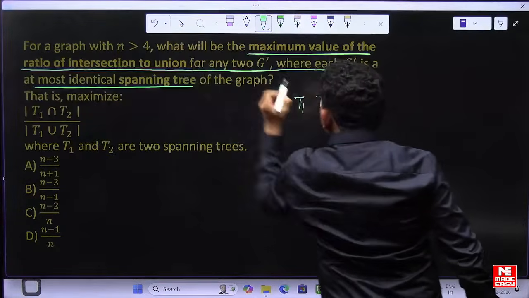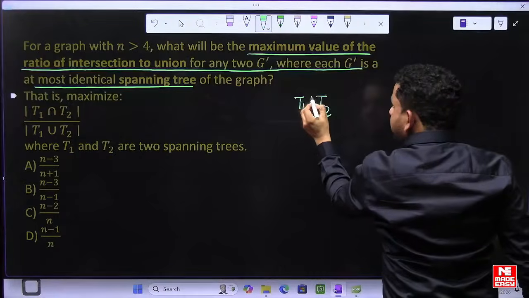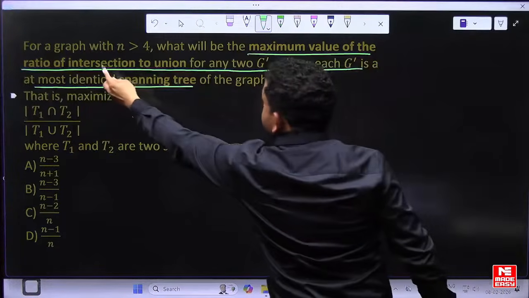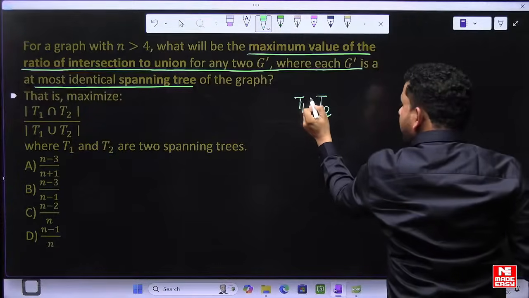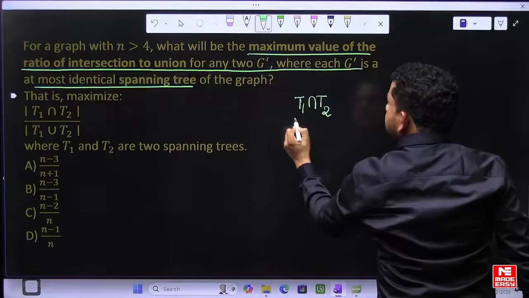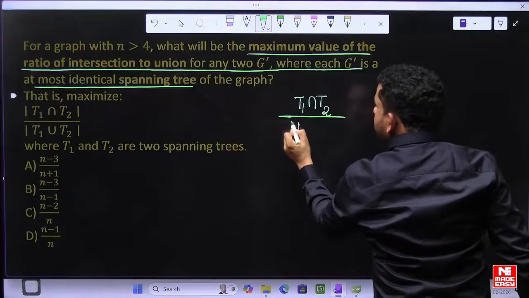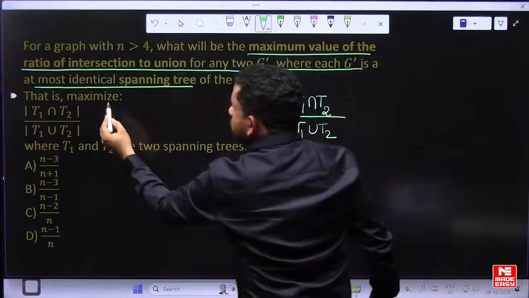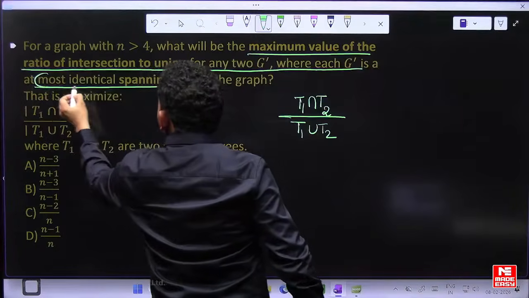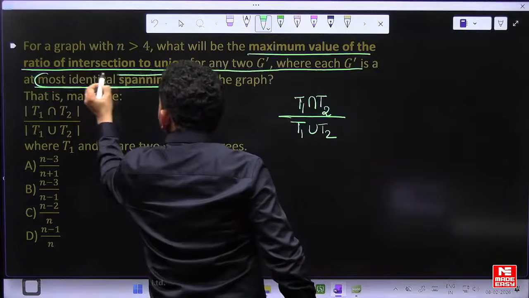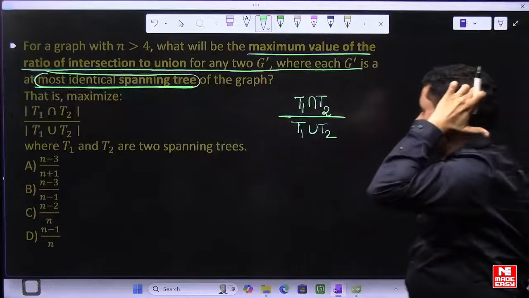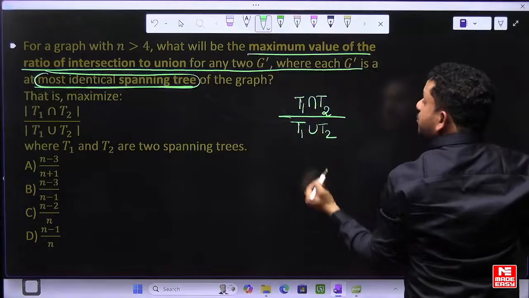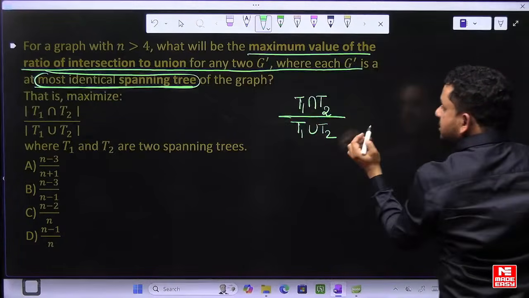The ratio is intersection edges divided by union edges, and T1 and T2 should be most identical spanning trees. So what should be the ratio of intersection and union?